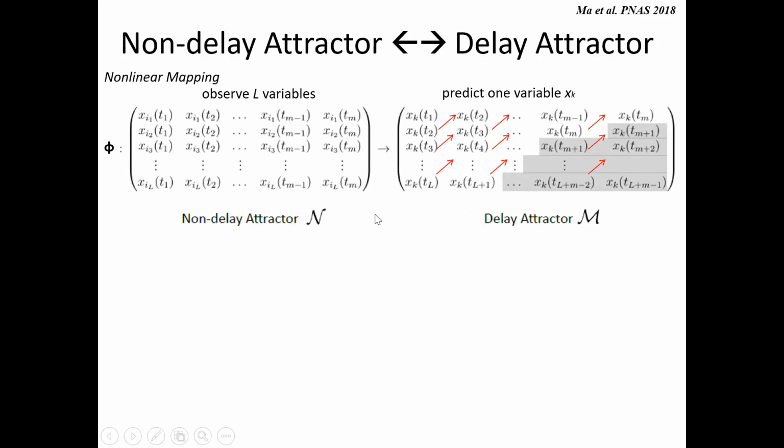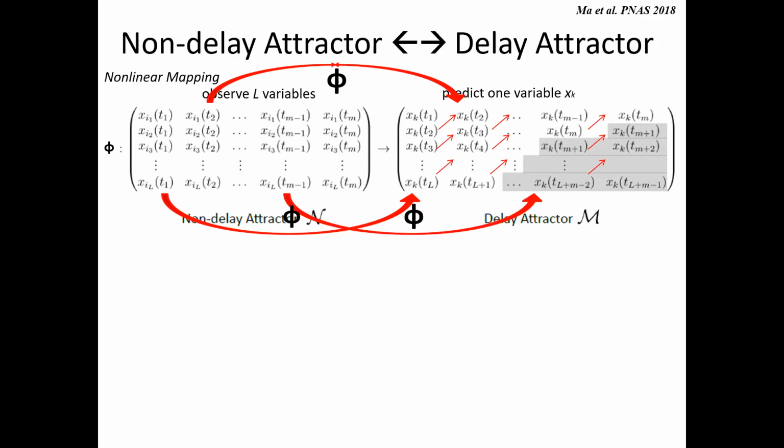So our theory tells us there is a nonlinear function mapping this point to this point. The same function maps this point to this point. The same function maps this one to this one. And this is our theoretical part.